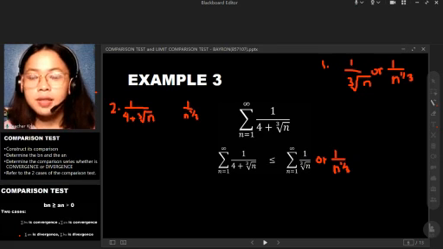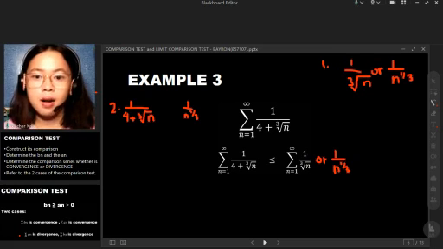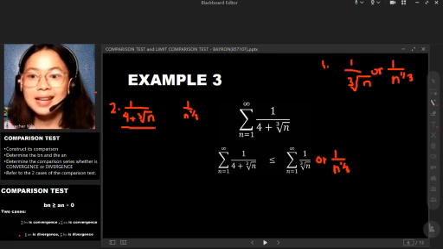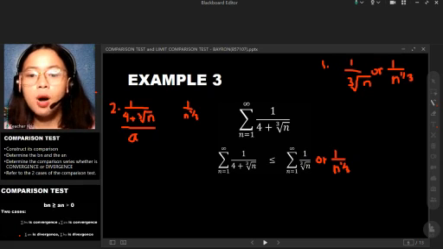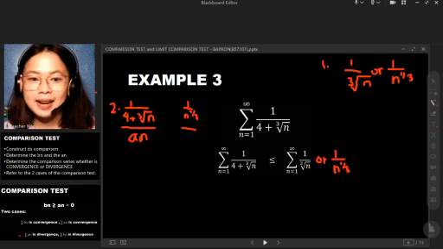So take note that if the denominator has a bigger value, then the value of the whole fraction has a small value. So this fraction has a bigger denominator than the second one, then this is the small sequence and this is the big sequence.